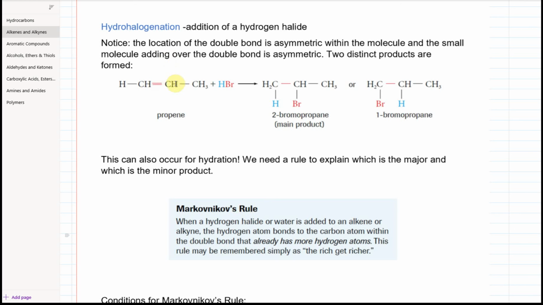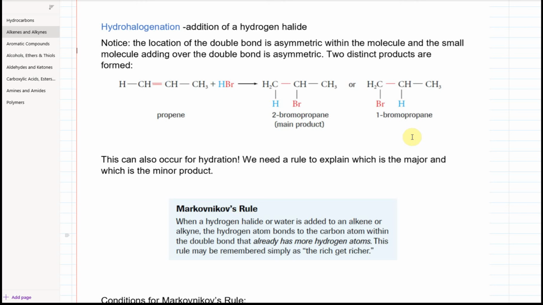You get 2 products. You get one where the bromine's on the second carbon in and one where the bromine's on the first carbon. Now, this is known as the major product, and this is the minor product. Now, the major product could be 99% and the minor could be 1%, or it could be 55% and 45%. That you are not required to know.